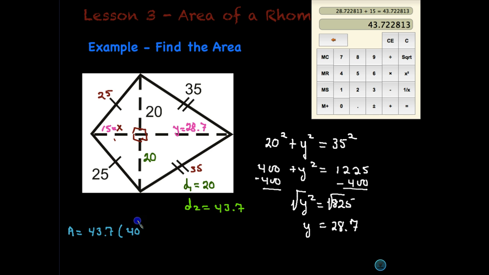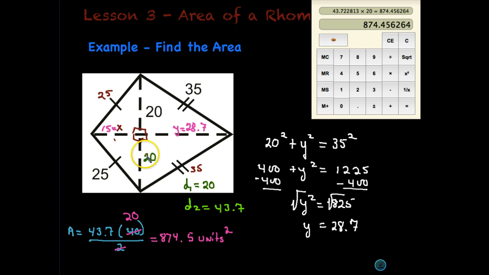That gives us 40, all divided by 2. Now this time I am going to simplify the 40 and the 2. I'm going to divide the 40 by 2 and get 20 just to make it easier for myself so I don't have such big numbers. Now all I have to do is take 43.7 times the 20 and I get 874, and this is units squared again because I'm finding area.